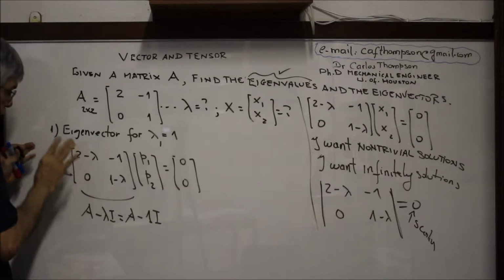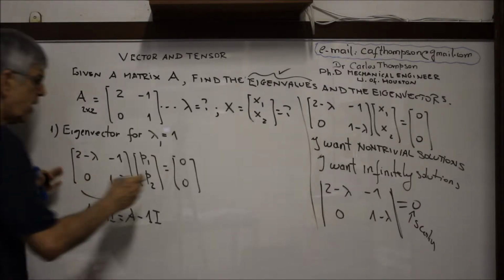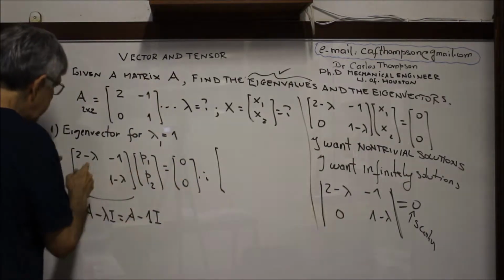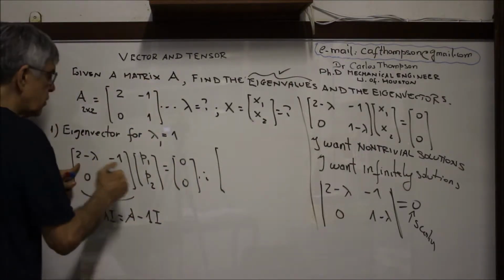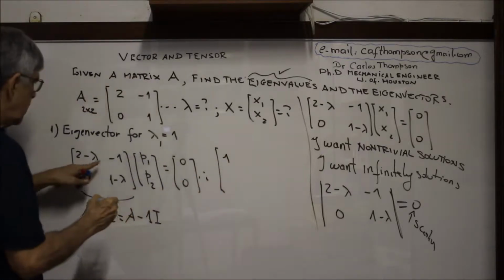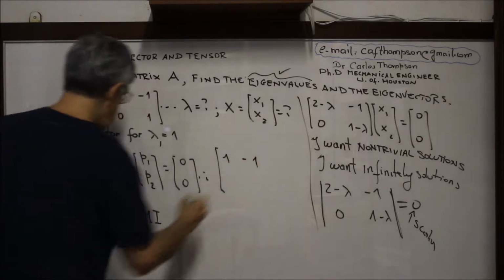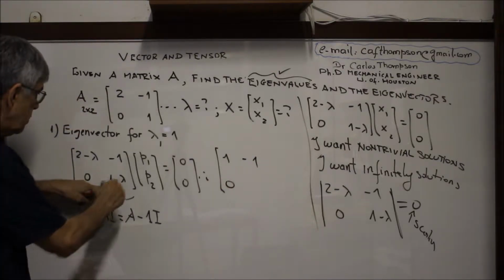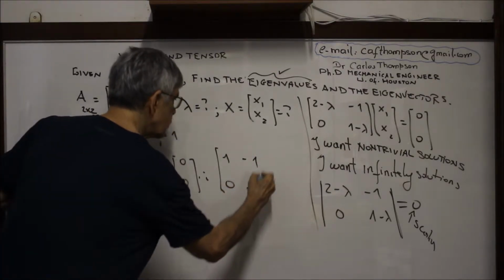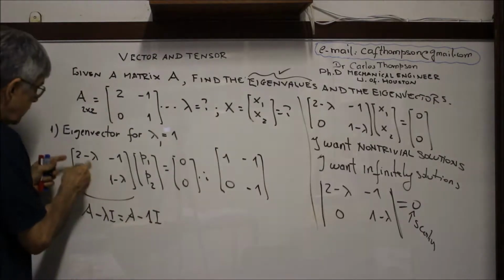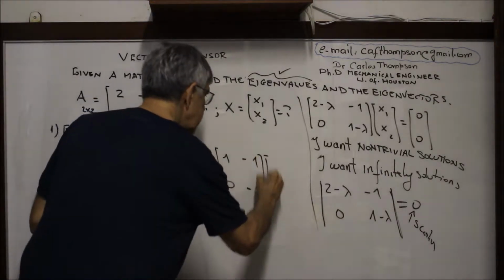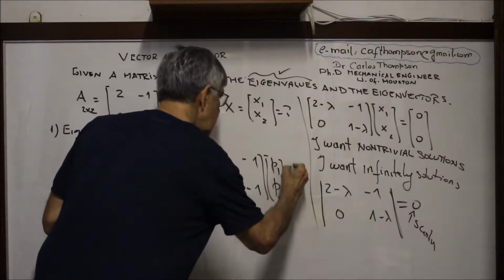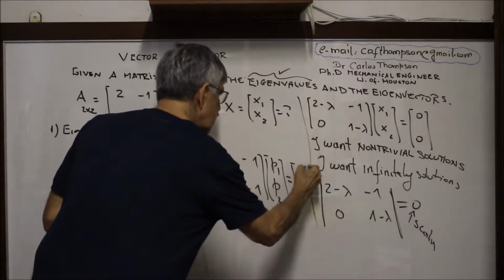Okay, I'm not in a hurry. Lambda is 1, okay? 2 minus 1 is 1. Here is minus 1. Here is 0. Here is 1 minus 2, so this is minus 1. This is applied to P1, P2, equal to 0, 0.